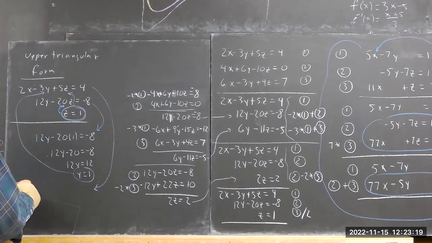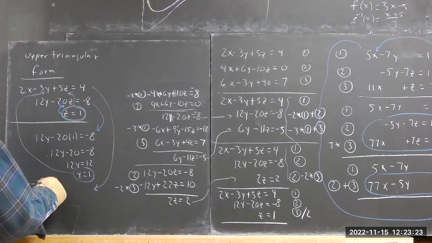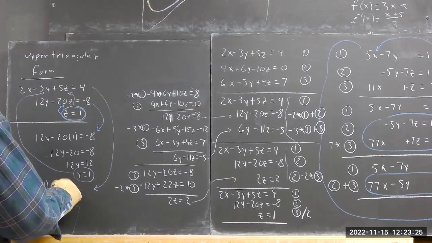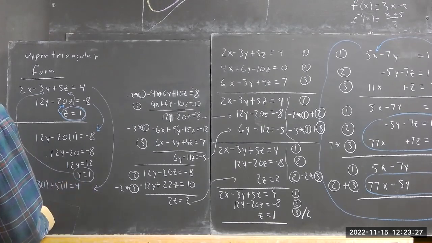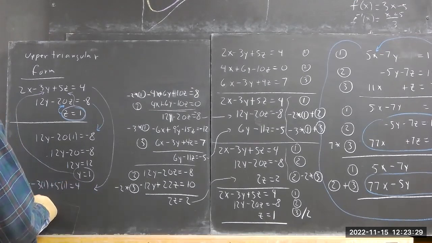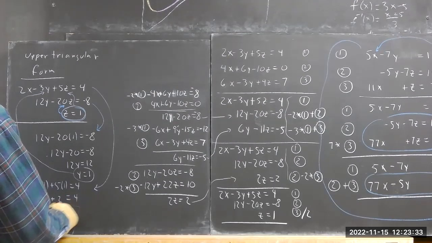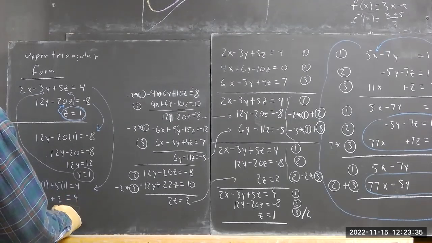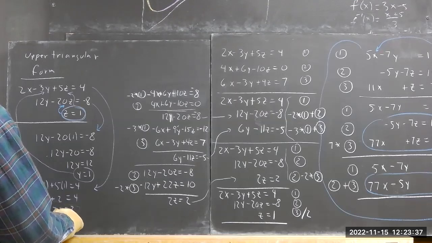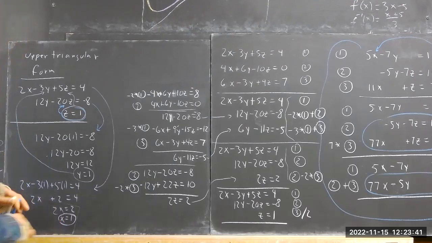It's going to give me 2x minus 3 times 1 plus 5 times 1 equals 4. 2x plus 2 equals 4. 2x equals 2. x equals 1.